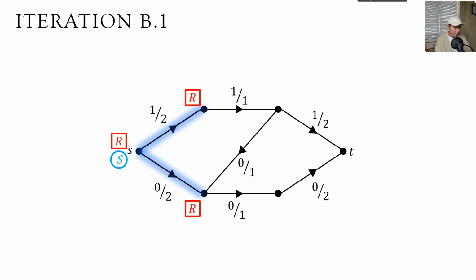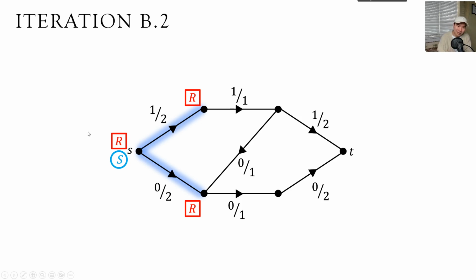Let's move into iteration 2. Again, arbitrarily choosing any one of these two, let's start with this top one. So the only neighbor that has not been accounted for is this one over here on the top right. And remember, for the forward edges, I'm only accounting for forward edges where flow is less than capacity.